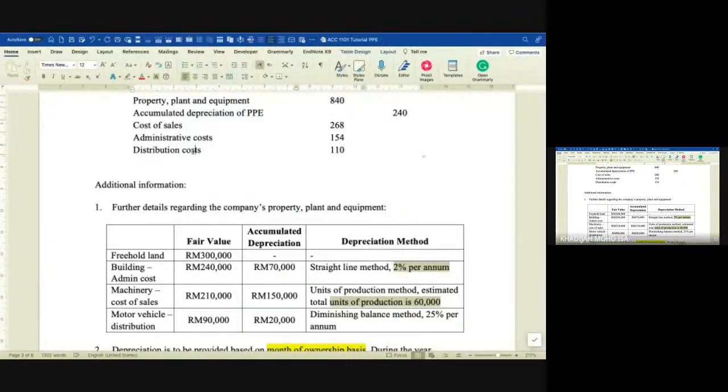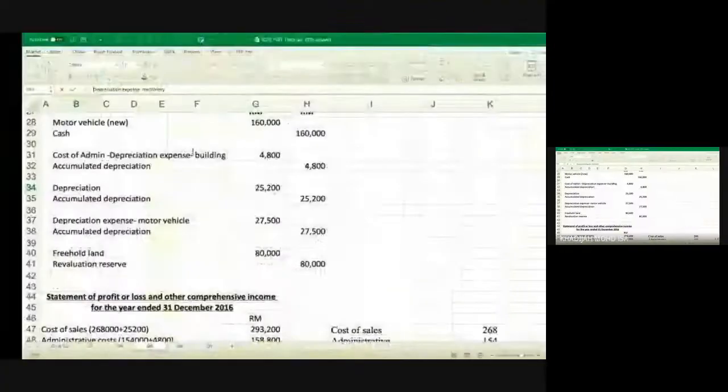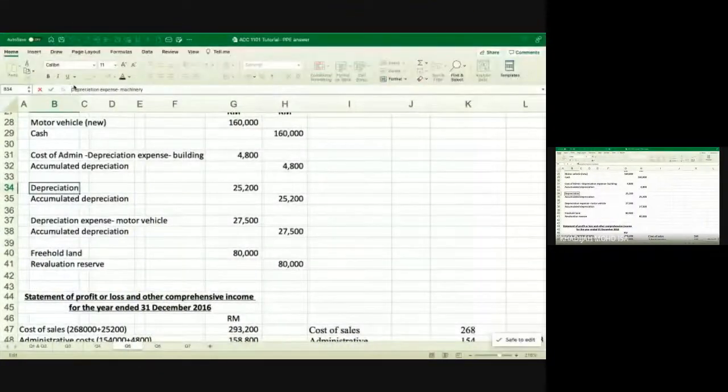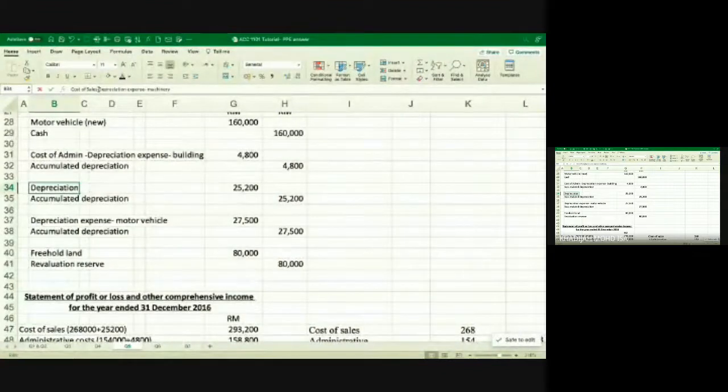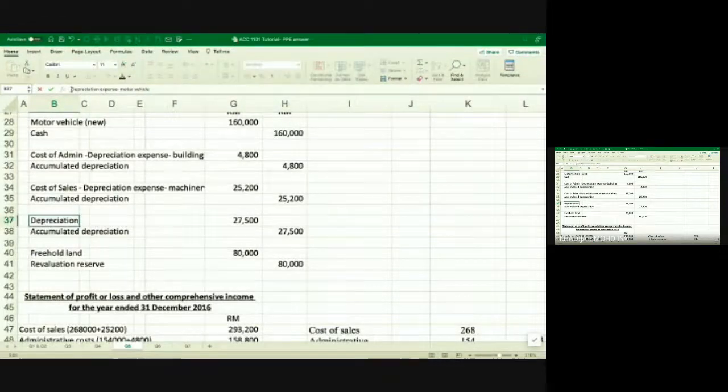So we are going to allocate the depreciation expense to the respective account. So depreciation on machine, I would put as cost of sales. Then we have that depreciation. And for motor vehicle, it is distribution cost.